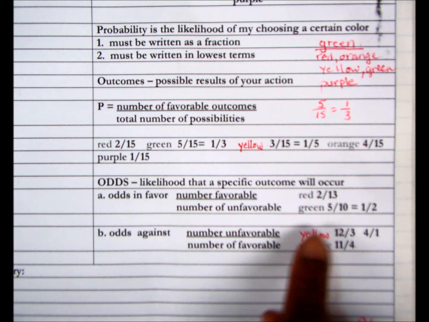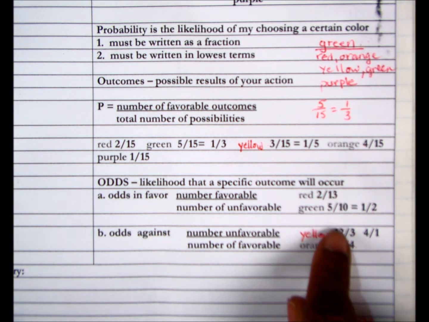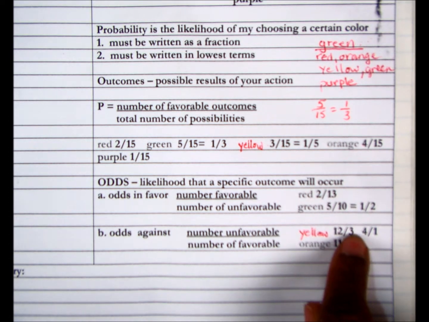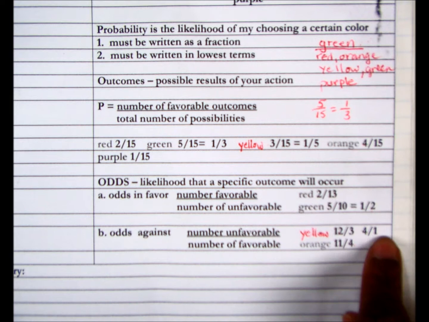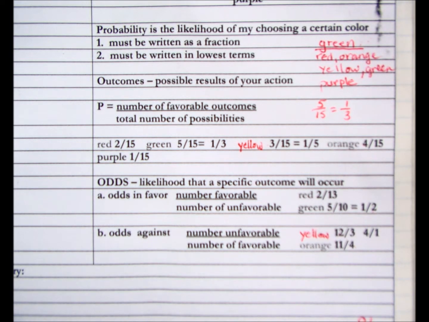So the odds against me getting yellow would be 12, and the odds for me getting yellow would be 3. So it'd be a 4-to-1 odds against me getting yellow, and 11-to-4 against me getting orange. So that's how this works.